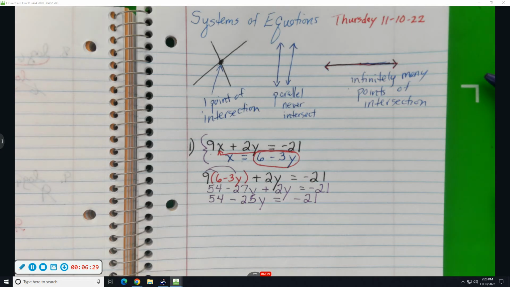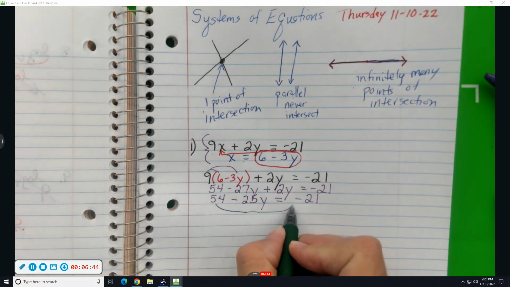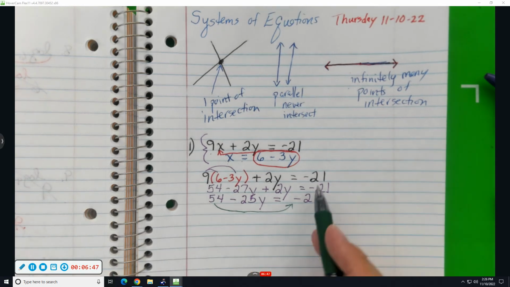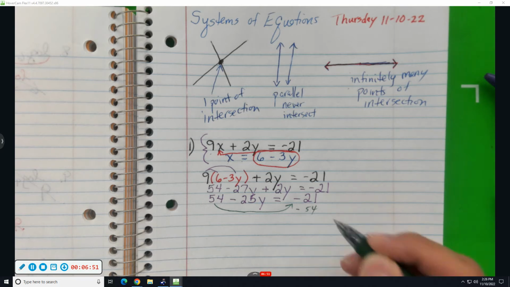See, at this point, it's a linear equation, so you're just trying to isolate the variable. So I combine the y's together. Now, if I'm trying to get this y by itself, the next thing I would do is move the 54. So in other words, I'm doing what? Am I subtracting 54?